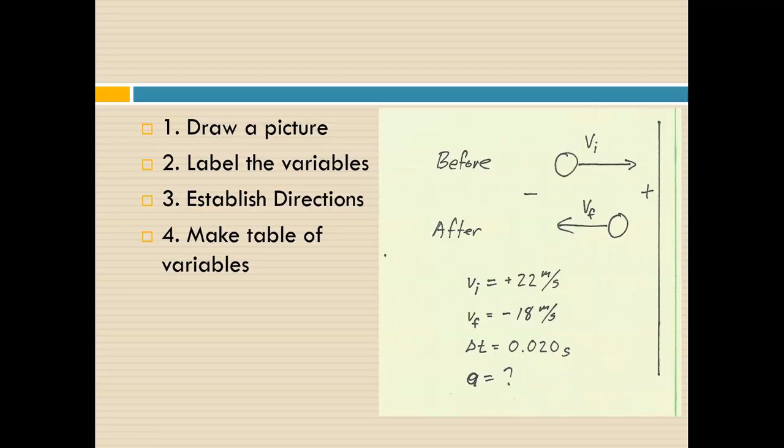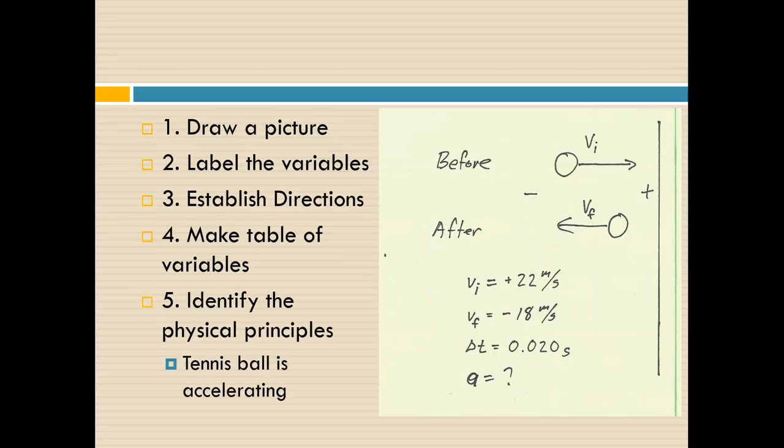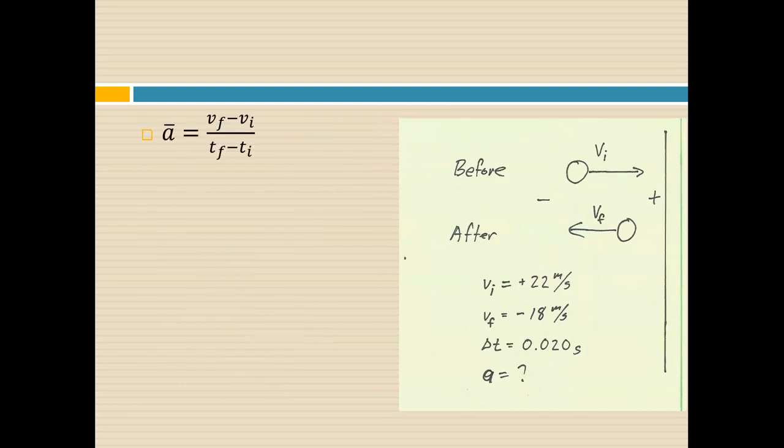The ball is changing velocity. So, do we have an equation which describes acceleration? The answer is yes, we do. Our physical principle is that the tennis ball is accelerating. Let's use the definition of acceleration to see if that solves our problem. Our definition of acceleration is average acceleration equals Vf minus Vi over Tf minus Ti.